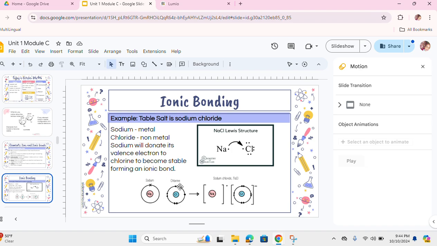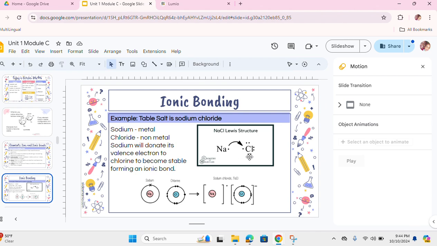Ionic bonding happens when the 2 oppositely charged elements are attracted to each other. So sodium will give its electron to chlorine, each becoming more stable and each being attracted to each other. Table salt is an example of an ionic bond.